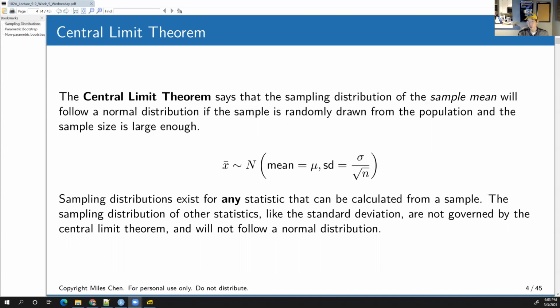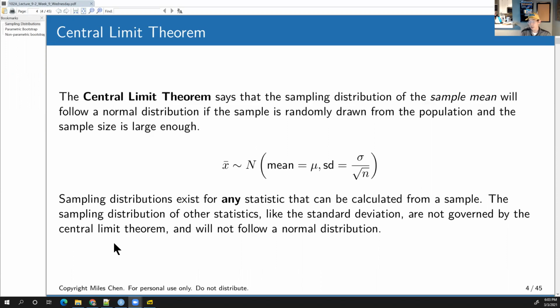But this only applies if your sample statistic is something like the mean or the sum of a sample. The sum of the sample or the mean of a sample, which is basically the sum divided by n, is going to follow the normal distribution. The central limit theorem works there.